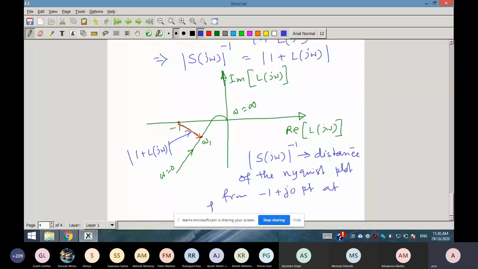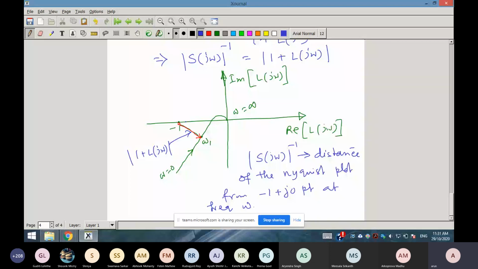As you know, the -1 point is a critical point for stability of the system.